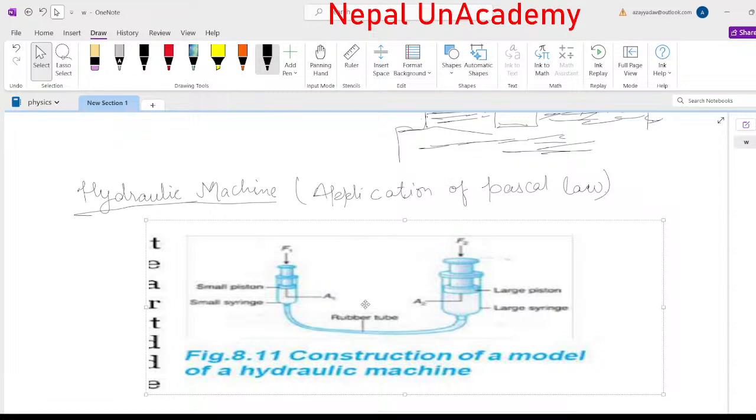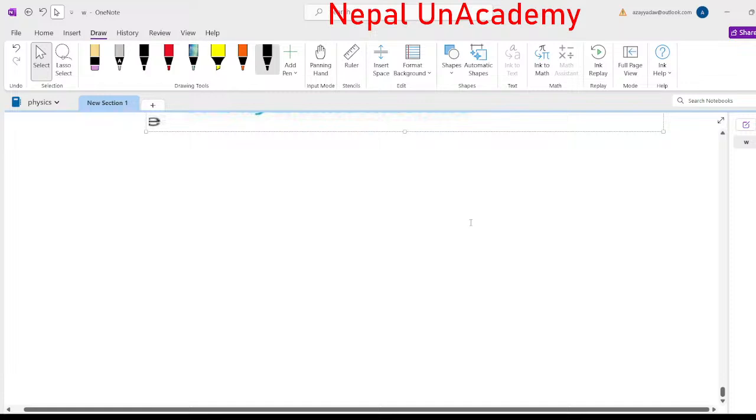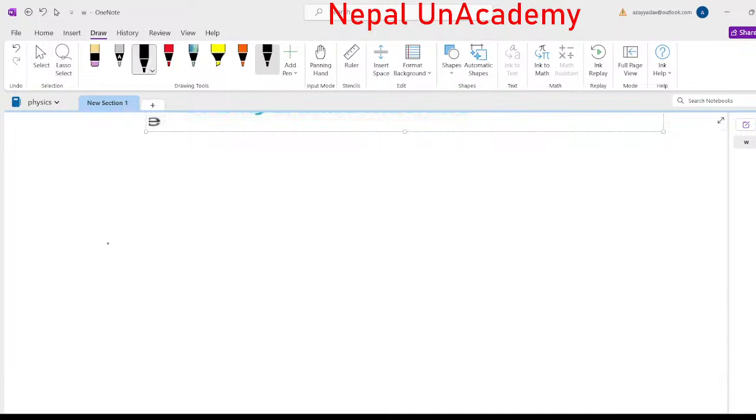Okay, we will make a table. First of all, let me write in tabular format.